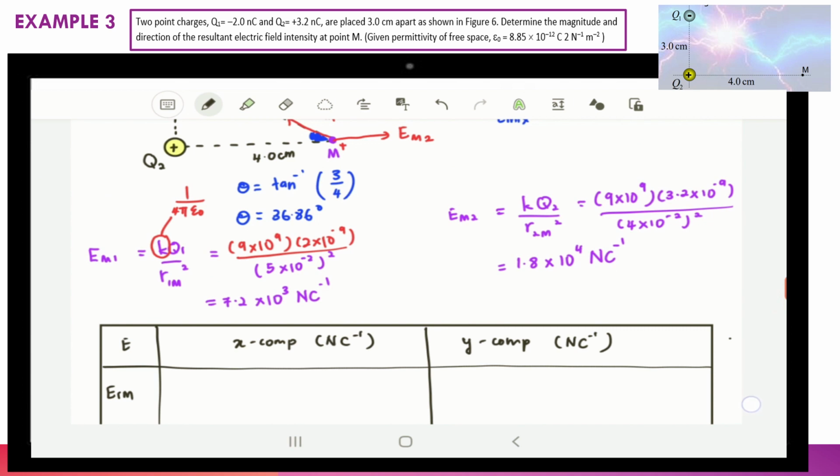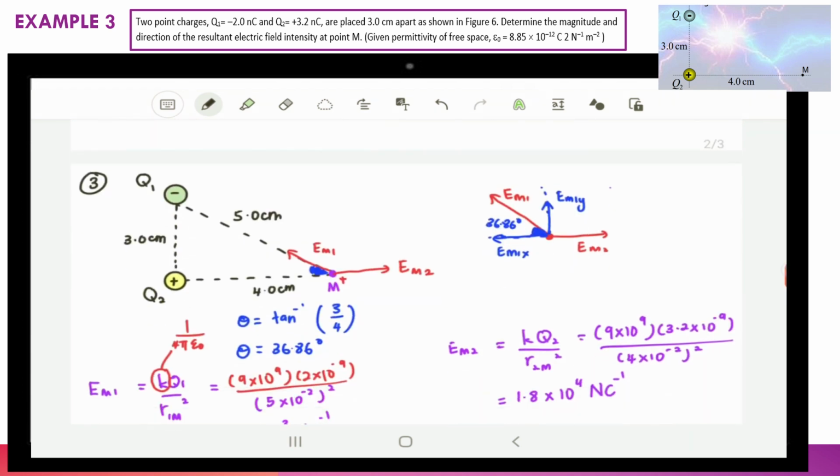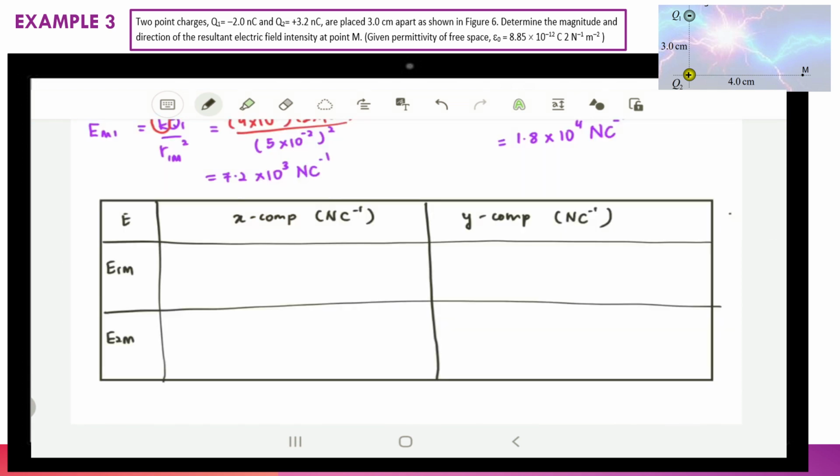So you can see here that for E1m, we have y components and x components. When we write E1mx, which is the x component, the direction is to the left. So when it's to the left, we put a negative sign here.